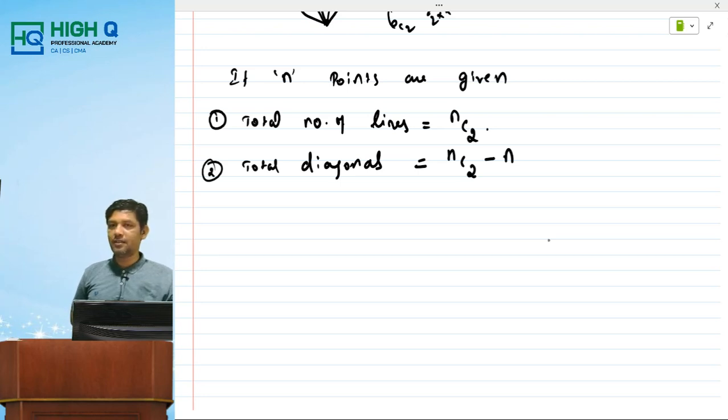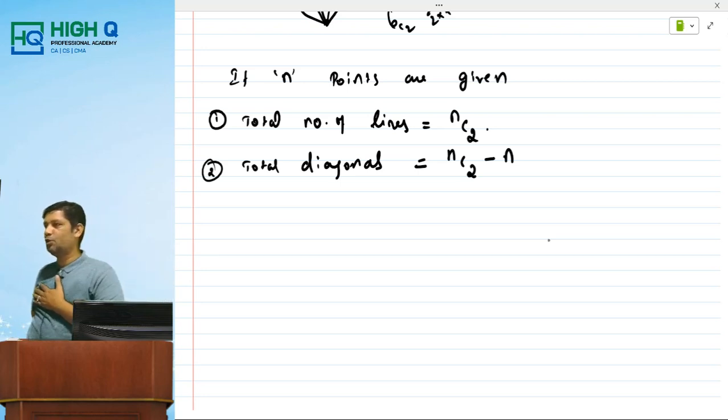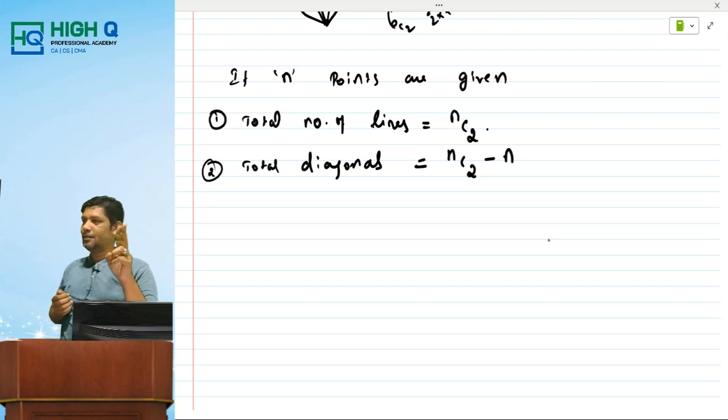Guys, you understand? Now please tell me, to draw a triangle, how many points are needed? 3 points are needed. To draw a line, 2 points. So to draw a triangle, 3 points.